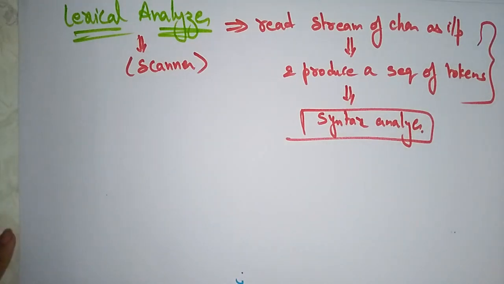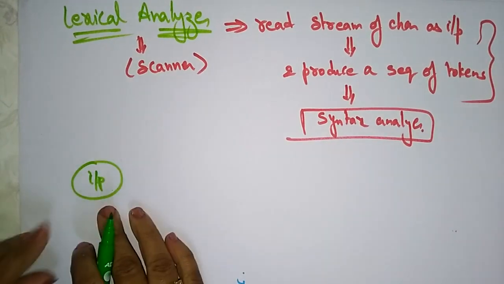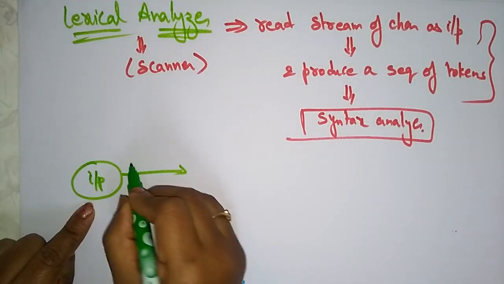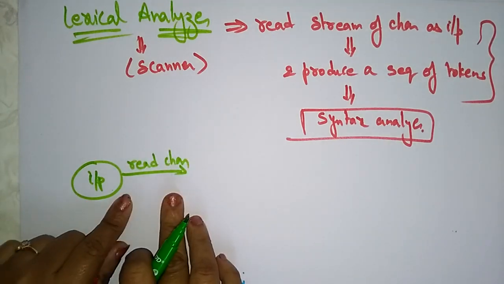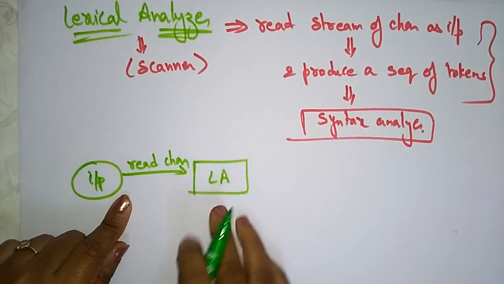Let me show you the picture. Here is an input, let's take one in a high level language. That program is read character by character, one at a time, and sent into the lexical analyzer.